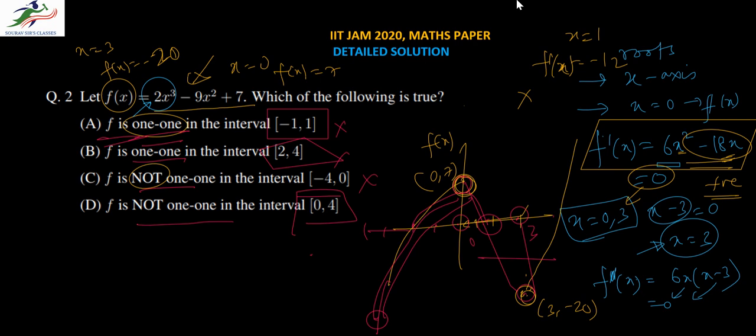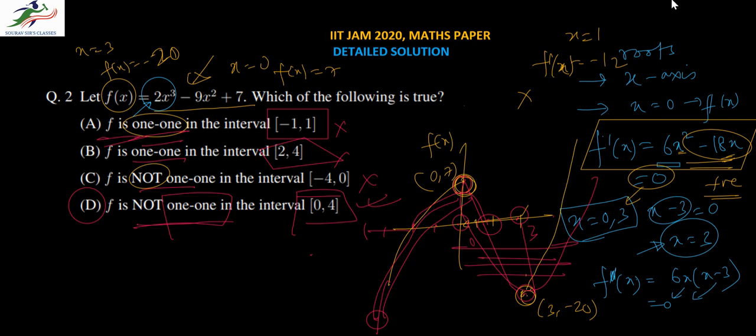Not 1 on 1. Absolutely yes, because 0 to 4 means that it's following this path. So there will be several points where the value of y will be the same for different values of x, and that would mean that f is not 1 on 1. So option D is the correct choice.